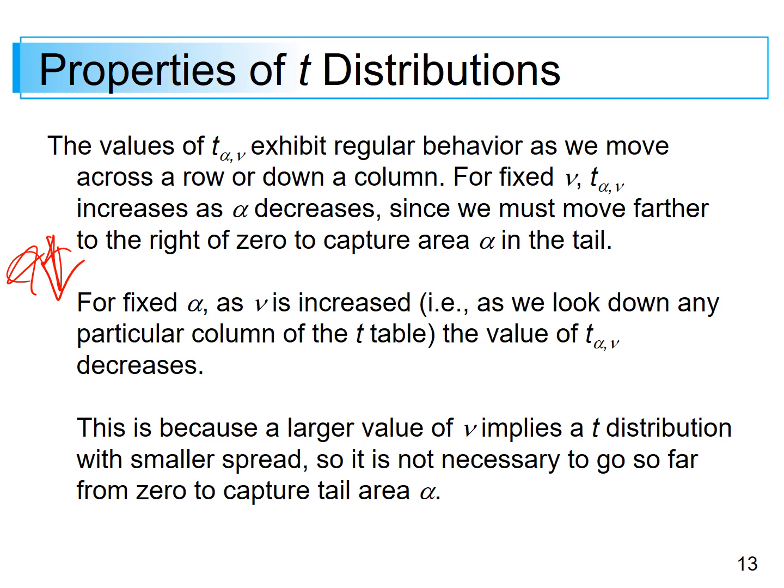It increases because we move to the right of 0 and the tail area becomes smaller. If we keep alpha fixed, as the degrees of freedom increase, the t-value decreases. And a larger value for degrees of freedom means that the distribution has smaller spread and approaches the normal distribution.